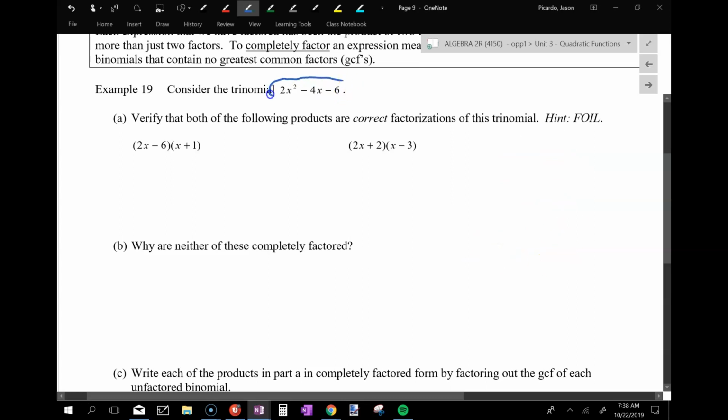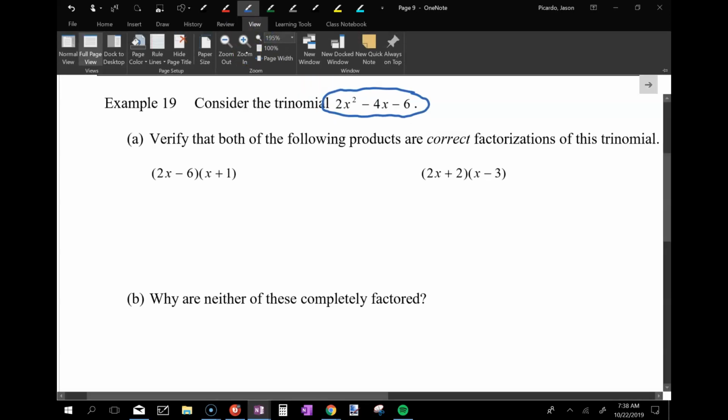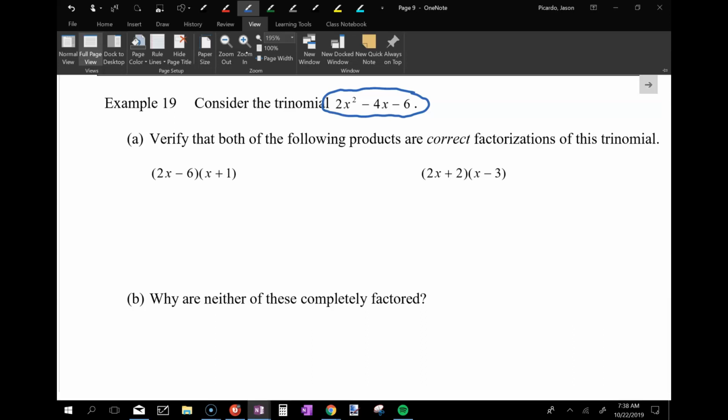So here's a trinomial. Would you agree that if you saw that on Friday when I had you work in groups, you would have used an AC method?